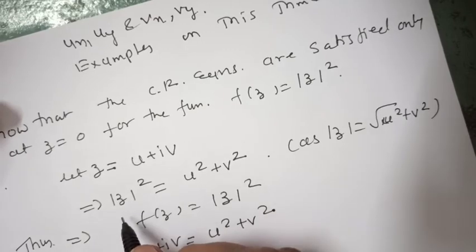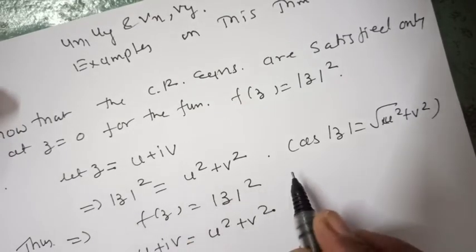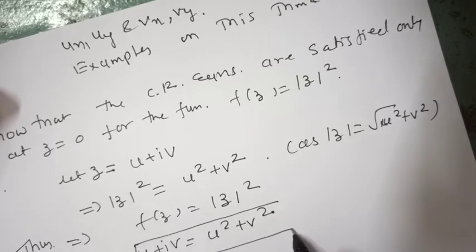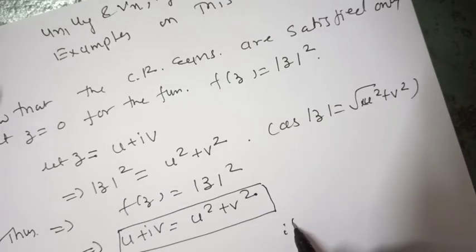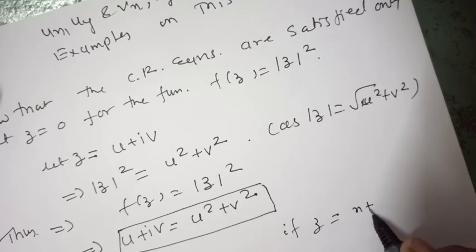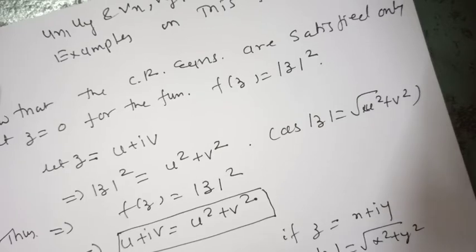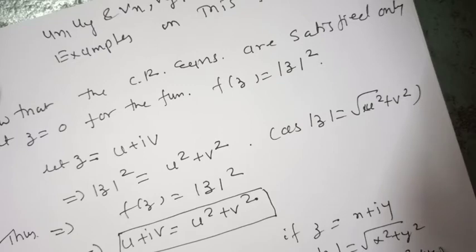Magnitude of z square: if z is x plus iy, then magnitude of z is under root of x square plus y square, which implies magnitude of z square is x square plus y square.